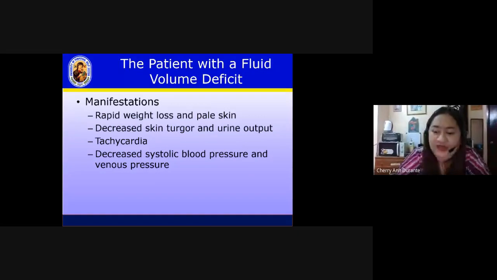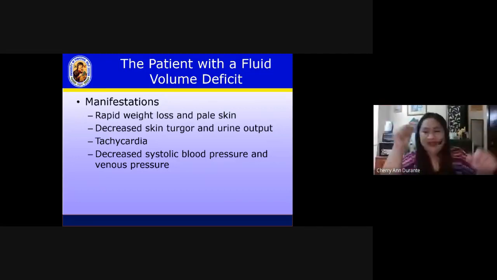Okay, so for daily weight monitoring, hospitals have protocols. You have same scale, same clothes, same time. Okay. So, this is our daily weight monitoring.